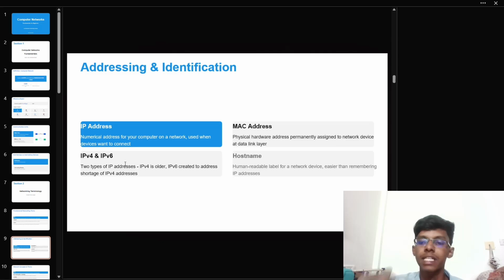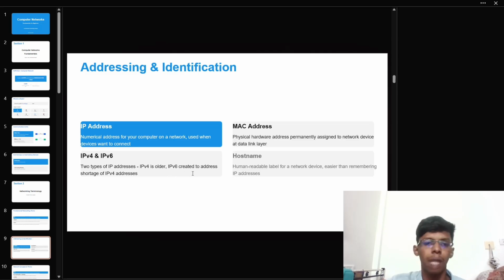It's permanently burned into your network card when it's manufactured. It's given at birth. Think of it like your device's fingerprint, unique and unchangeable. Next thing is IPv4 and IPv6, two types of IP address.